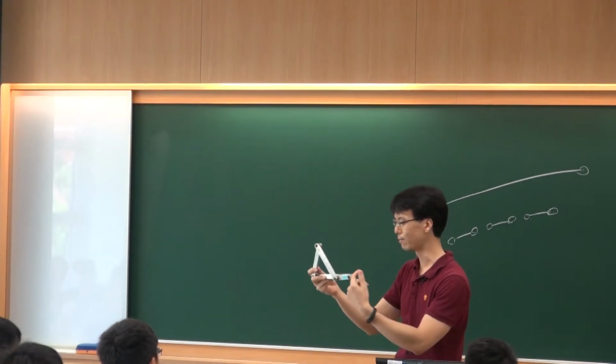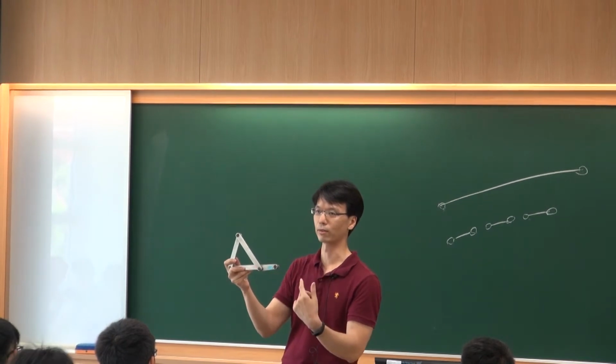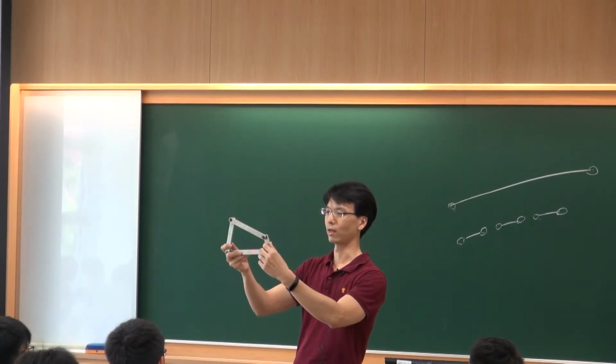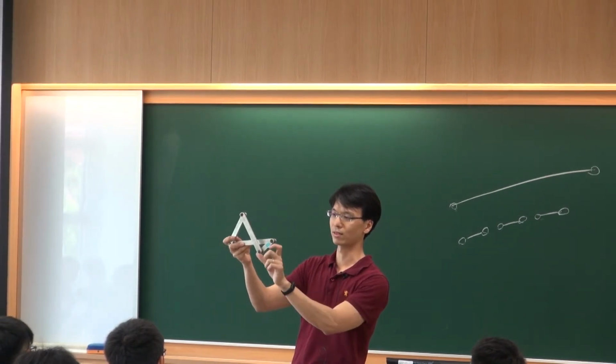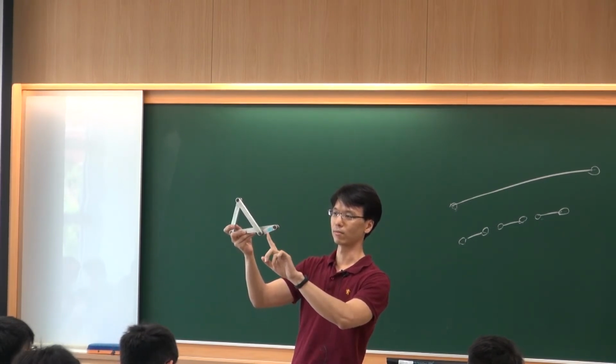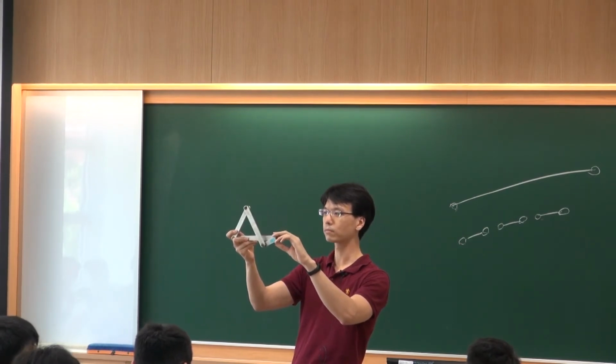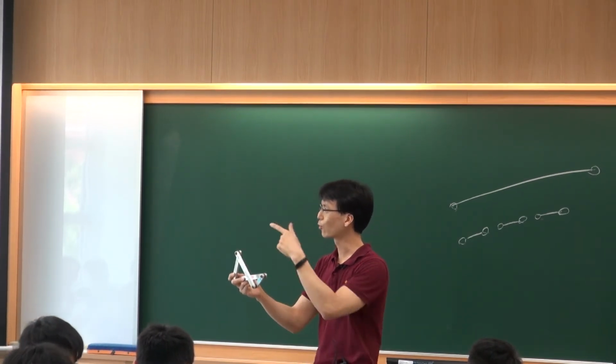The crank rocker means my input can do a full cycle rotation motion. So if I rotate this one, you can see I can do a full cycle rotation on this blue bar. It's called a crank rocker.